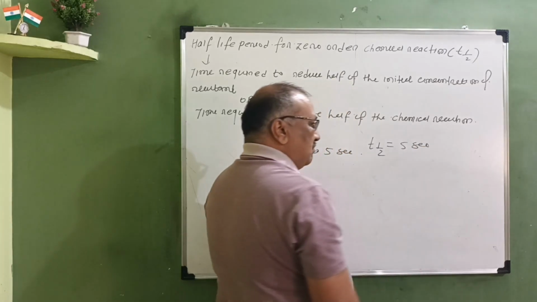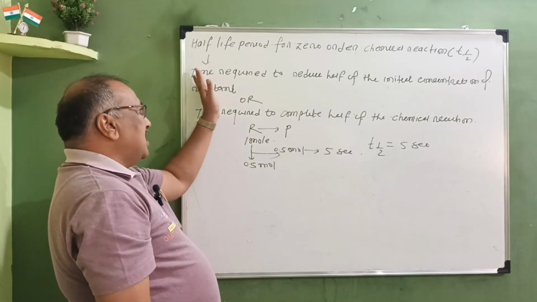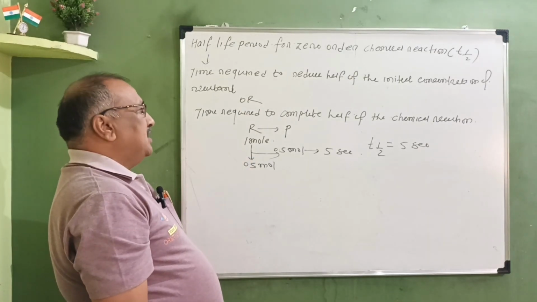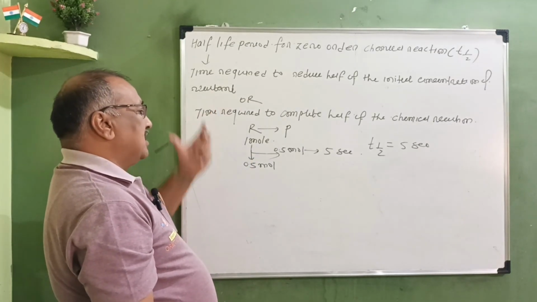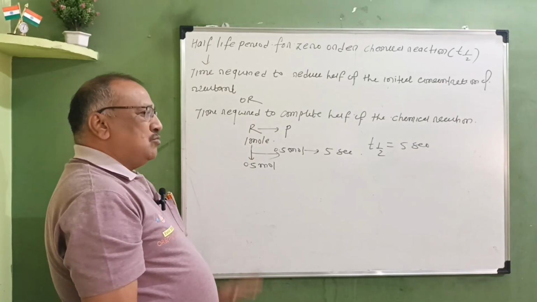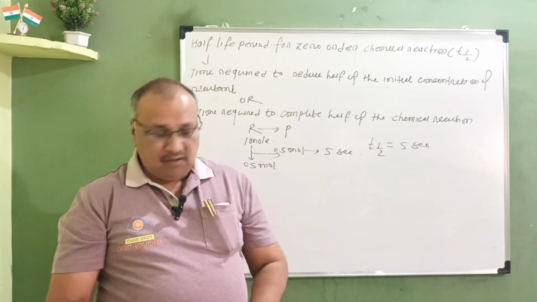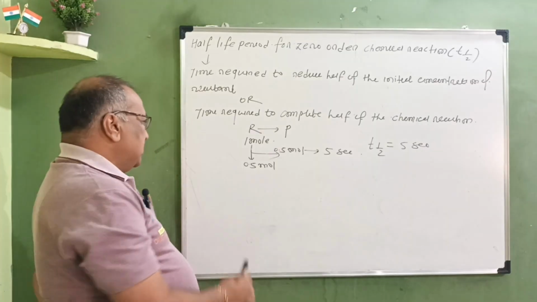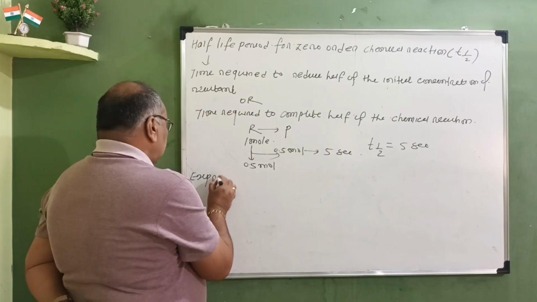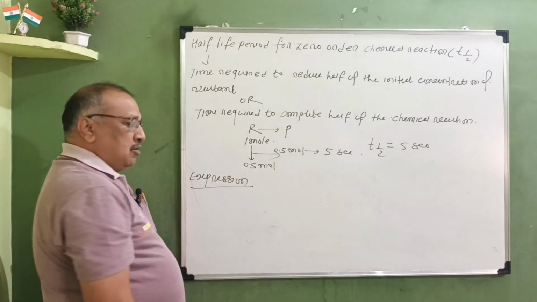Keep in mind the most important point: the time required to reduce half of the initial concentration of reactant, or the time required to complete half of the chemical reaction. Now write down the expression.